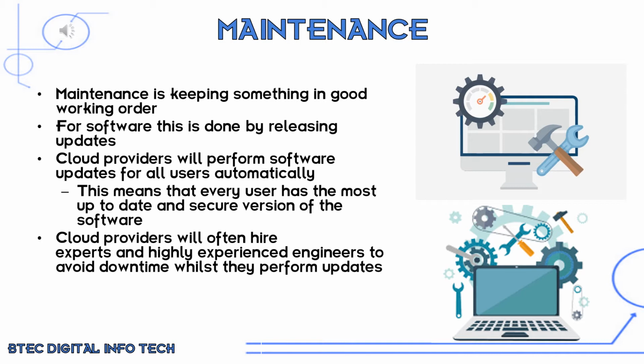So the cloud provider that you go with will automatically update all of this software for you. So that's really good because it means that you've got all the features, you've got the most secure version of the software that you're using. So these providers hire experts and engineers to make sure that nothing breaks when they actually perform these updates.